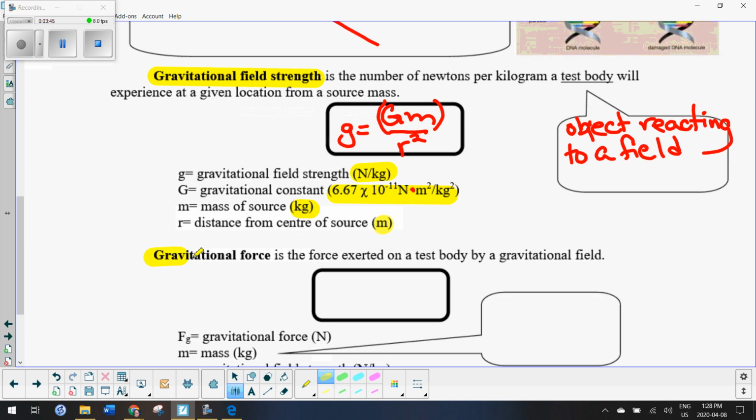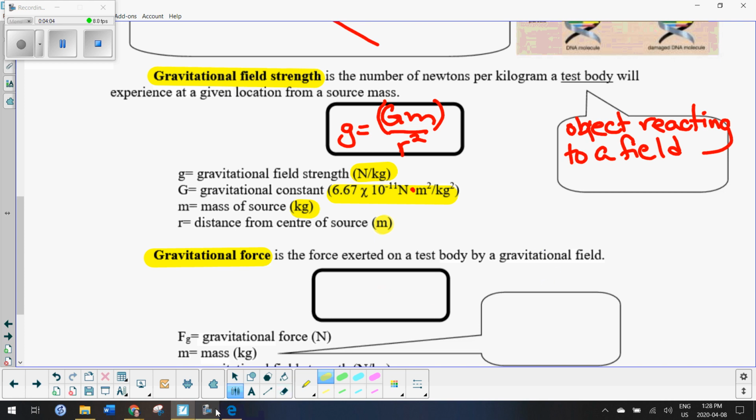The next one is gravitational force. This is the force that is exerted on the test body by the gravitational field. Basically, this is talking about how much force is being acted on a certain object, depending on where you are.